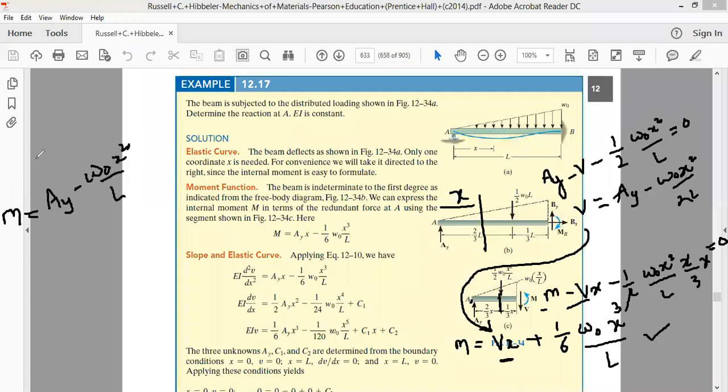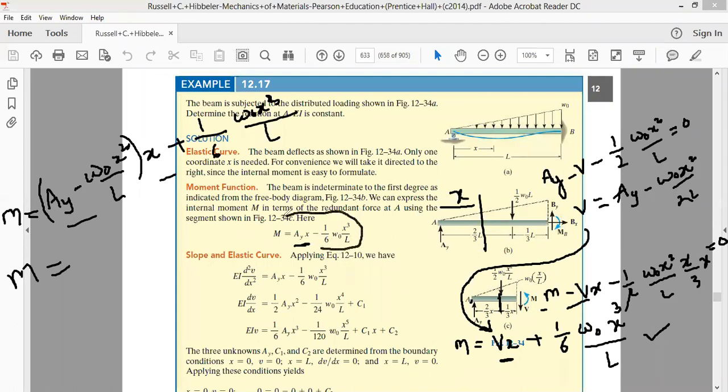This is V into x, this multiplied by x, plus 1 by 6 of w naught x cube by L. Okay, so once you do the simplification, you will get M is equal to Ay into x, that is here Ay into x, then minus 1 by 6 w naught x cube by L.